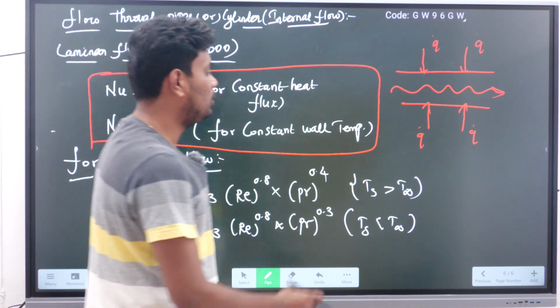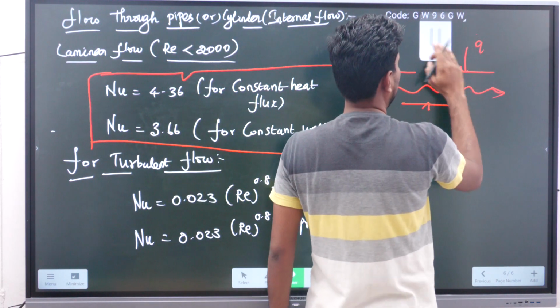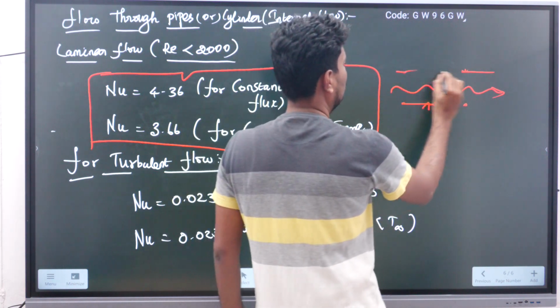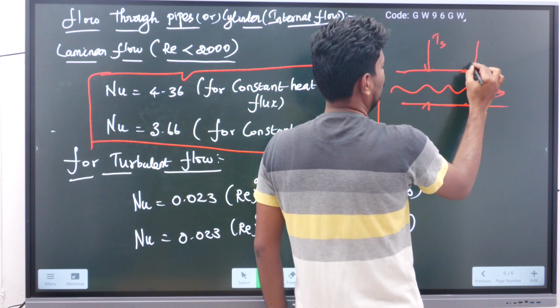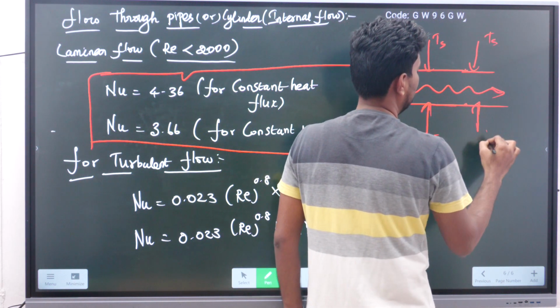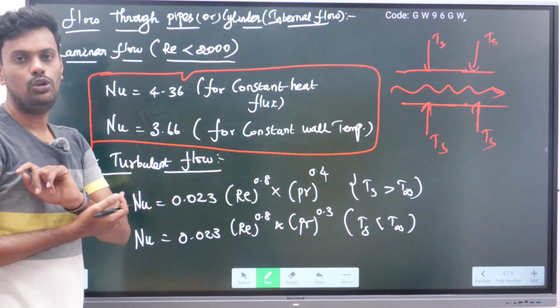For the same tube, if instead you maintain the wall at constant temperature, then the Nusselt number is equal to 3.66.